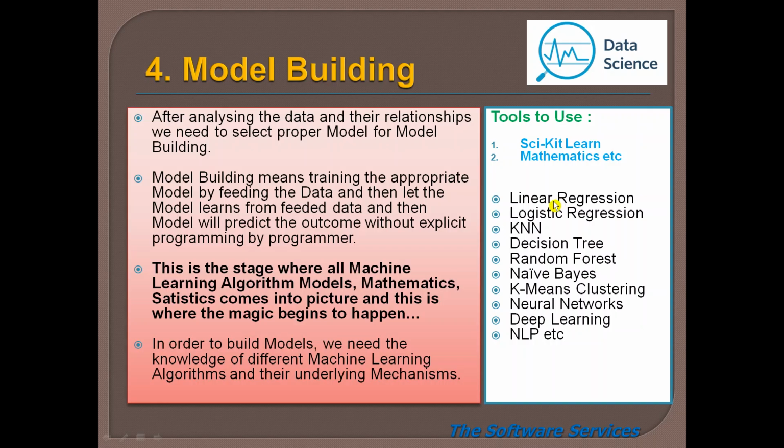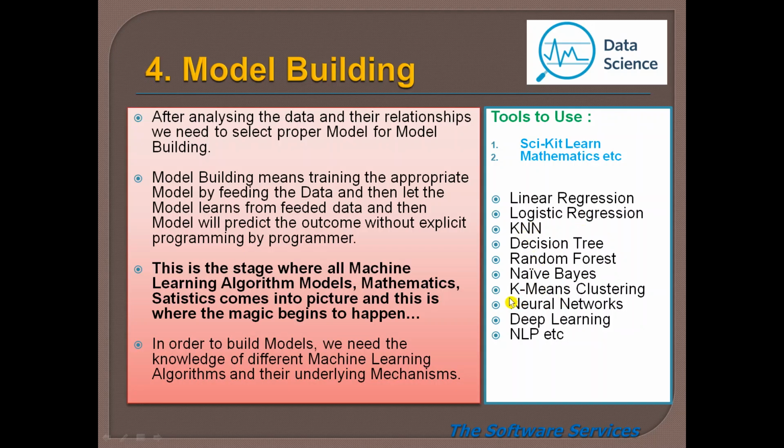In the training session, we give the data to be predicted also as history. After the training session, the model learns, and then it will predict the continuous or categorical variable depending upon the input data set. So these are the algorithms that come under supervised learning: linear regression, logistic regression, all those things.